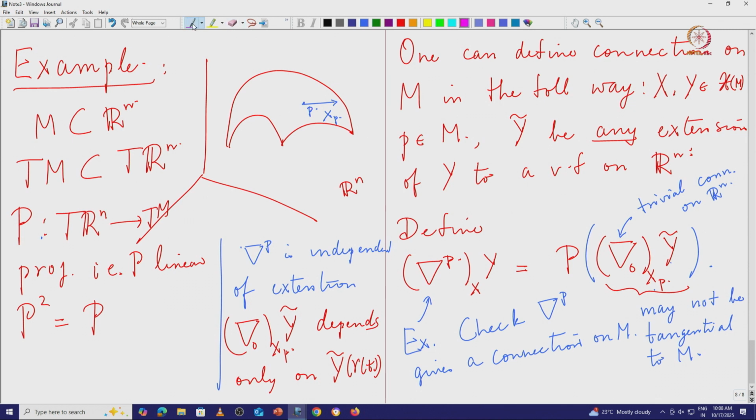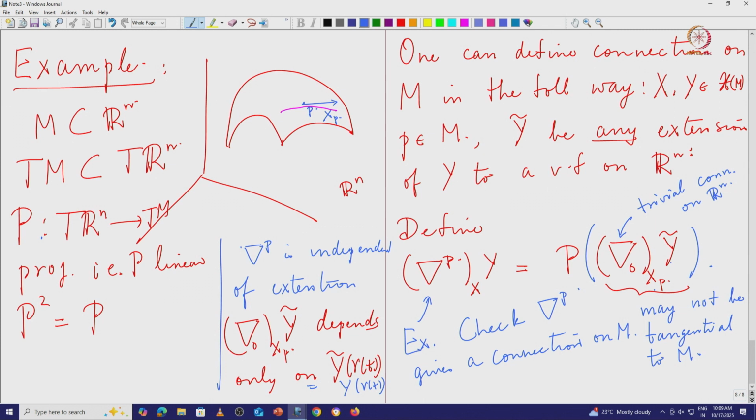Sorry, my picture is bad. So you can always pick an integral curve that's tangential to M, and then Y tilde on gamma of t is exactly Y of gamma of t. No matter what extension you pick, it has to restrict to Y on M, right? So that shows that this definition is independent of the extension that you pick.